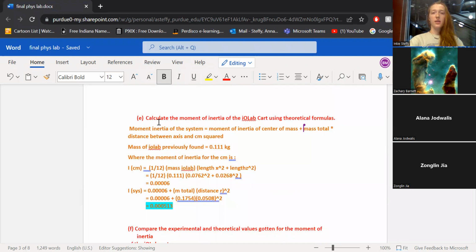For E, it's to calculate the moment of inertia of the iLab using theoretical formulas. And mine was super, super small as well. And I noticed that in lab 10-2, or the last lab, whichever number it was. I got the same thing, actually.